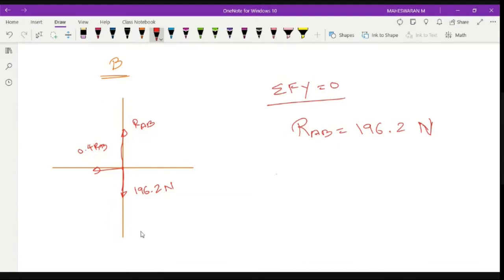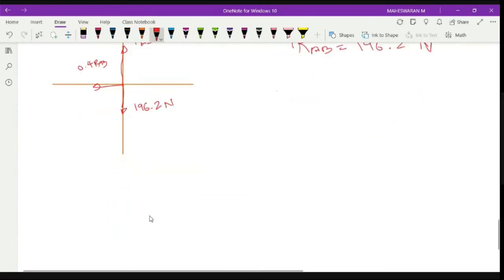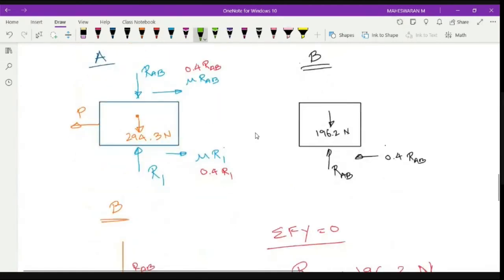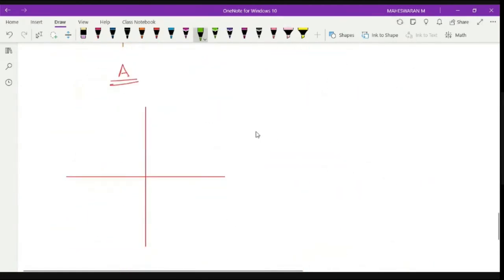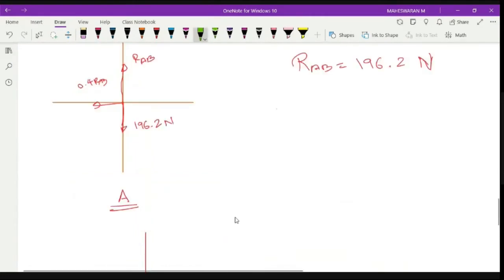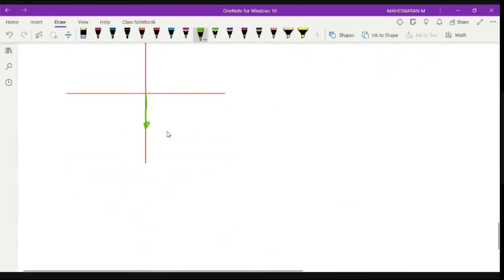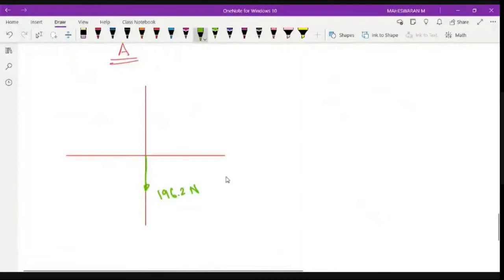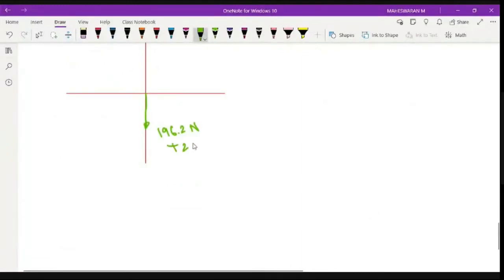So this is over. Let me go to your block A, the free body diagram for block A. So you have RAB acting downward. You know the value of RAB, which is 196.2. Let me substitute 196.2 Newton. Then 294, you are adding that, so plus 294.6 Newton.